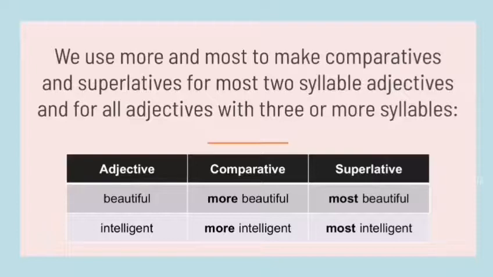The comparative form of beautiful will be more beautiful. We cannot say beautifuler because it's going to be wrong, of course. The superlative form of beautiful will be most beautiful. For intelligent it happens the same, more intelligent and most intelligent. He is the most intelligent person in the class.